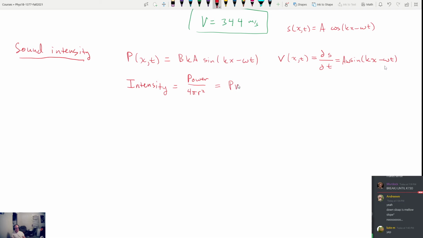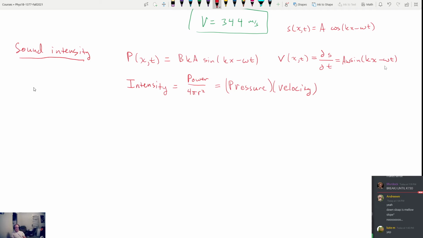Not volume, velocity. Pressure times velocity. Is that really what they're saying? Let me read this real carefully here. Oh.